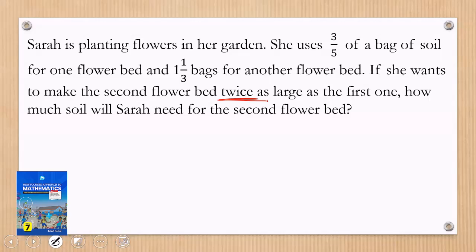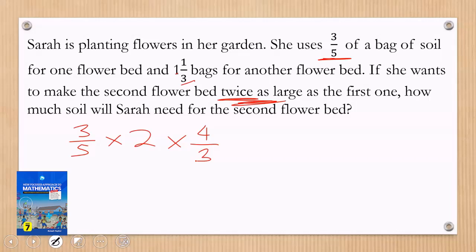And so here we are doing multiplication, obviously, because she uses 3/5 of the bag of soil for the flower bed, and then she uses 1 1/3 for another one, and as she wants to make the second flower bed twice as large as the first, then we can multiply here by 2, then we multiply by the second flower bed, which is 1 1/3, and 1 1/3 means 3 times 1 is 3 plus 1, 4 over 3.